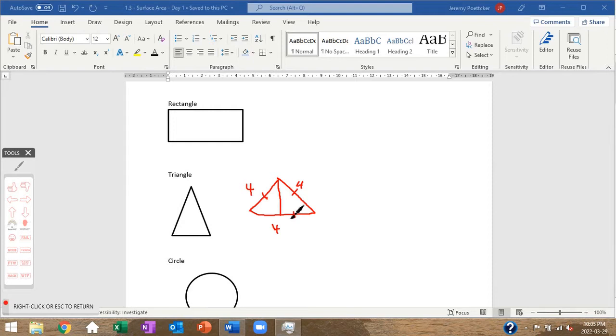But now, what I can do is I can draw this line for the height down here. And now I can split this into 2. So if the total distance from side to side, the whole base, here to here, is 4, each of these is going to be 2. And if you think back to grade 8 math, you dealt with the Pythagorean theorem.